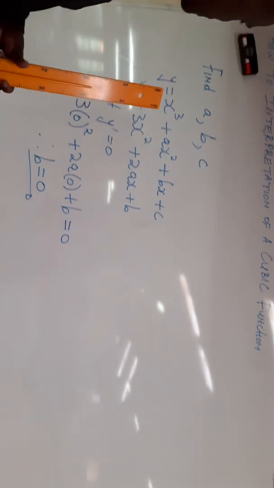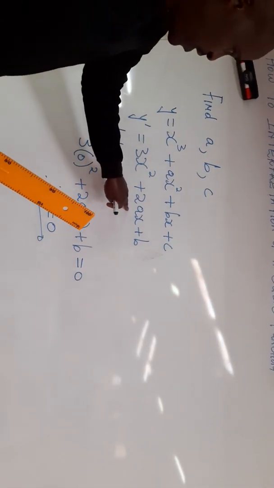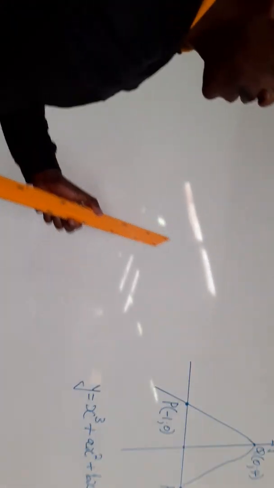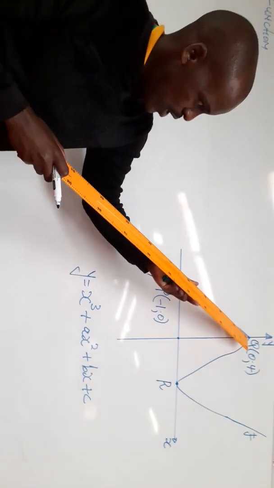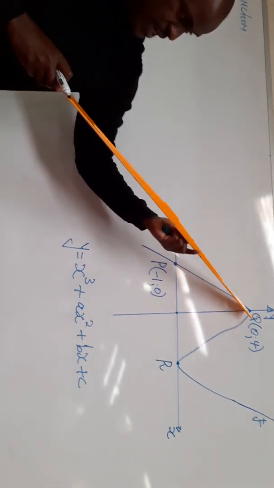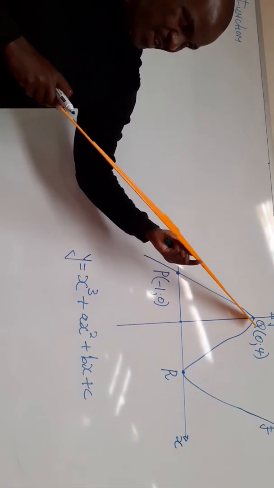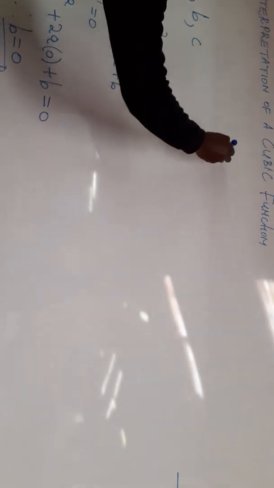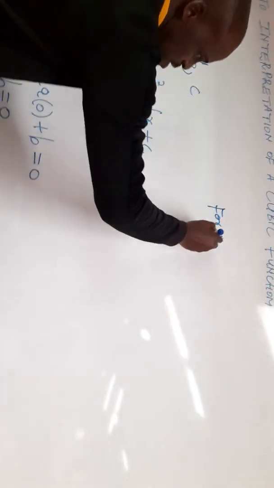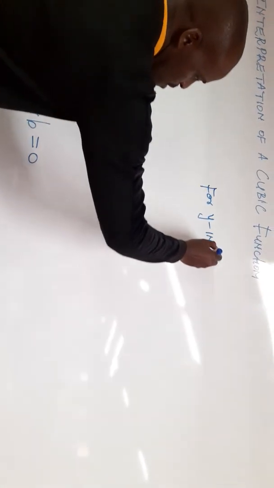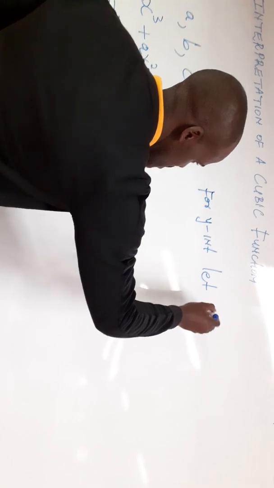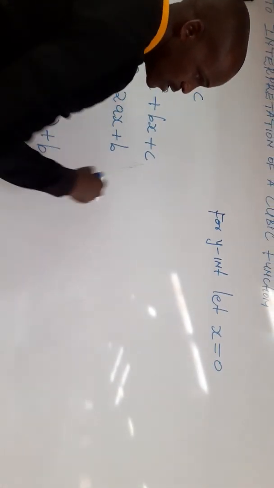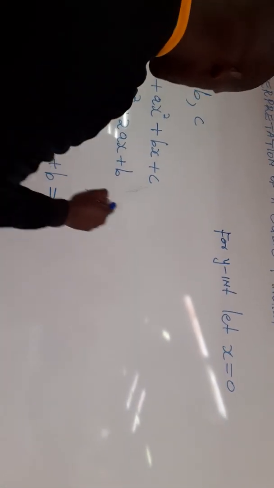Right, let's find the other remaining values, which are a and c. When you look up there at point Q, this is our y-intercept. For the y-intercept, we let x be 0.